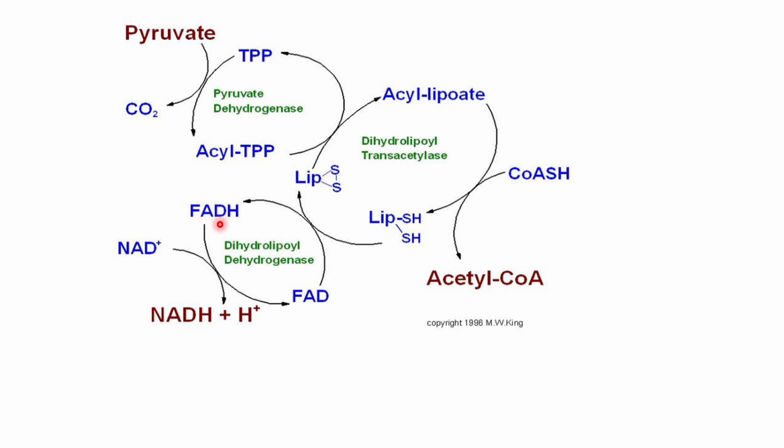In so doing, FAD will be reduced to FADH by the enzyme dihydrolipoyl dehydrogenase, which has the coenzyme NAD plus. In that state, the NAD plus is in the oxidized state and will also be reduced to the reduced form, which is this.